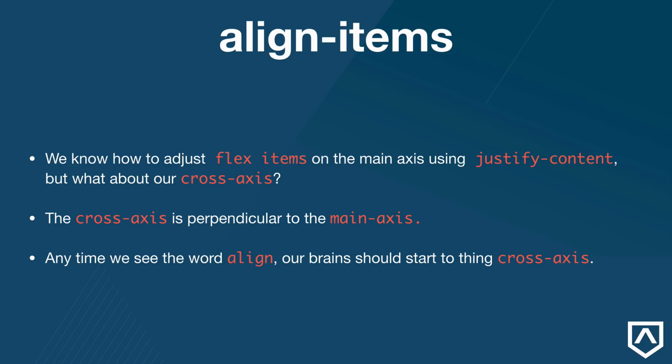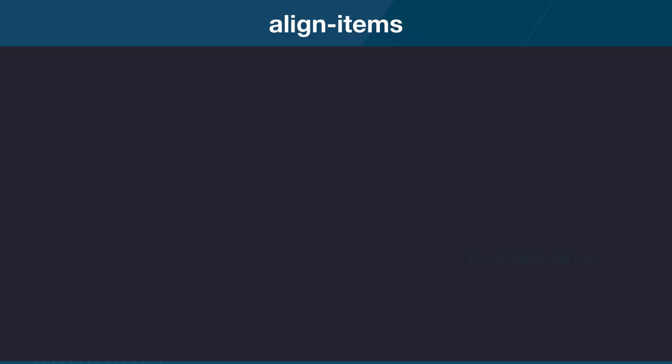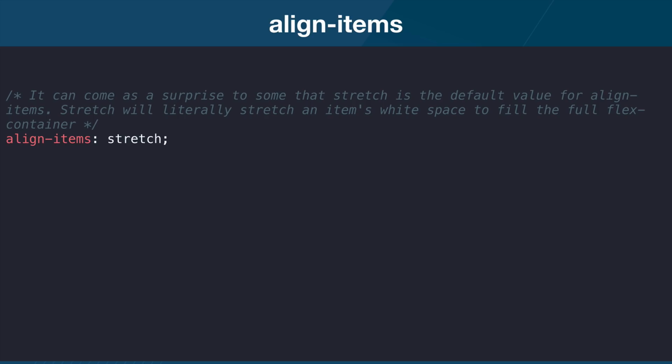Let's take a look at the values of the align-items property that we can use. It can come as a surprise to some that stretch is the default value for align-items. Stretch will literally stretch an item's white space to fill the full flex container.